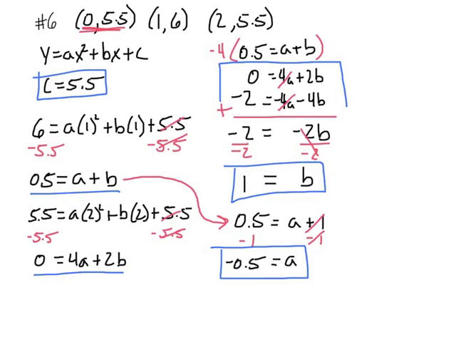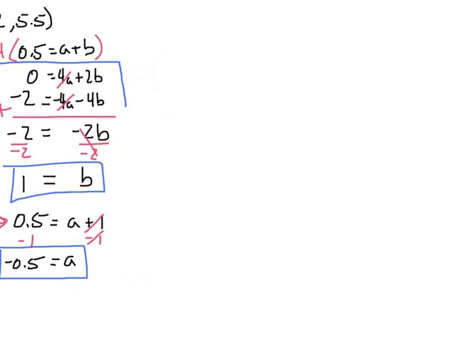There's our a value. So the equation here is going to be, let me move this to the side. The equation is going to be y equals negative 0.5 x squared plus 1x plus 5.5.